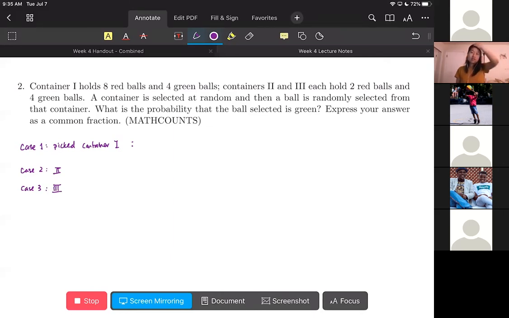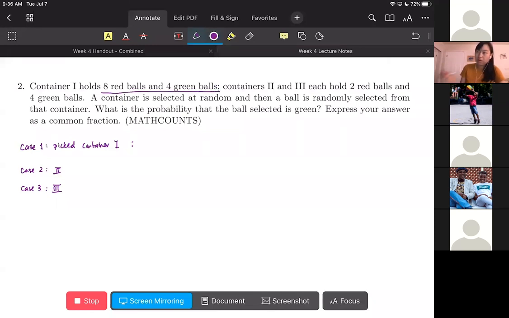So that's close. Here we have two things that make up this probability. Let's first think, suppose we had already picked container 1. Given that we've chosen container 1, what's the probability that we pick a green ball? Here we have 8 red balls and 4 green balls.